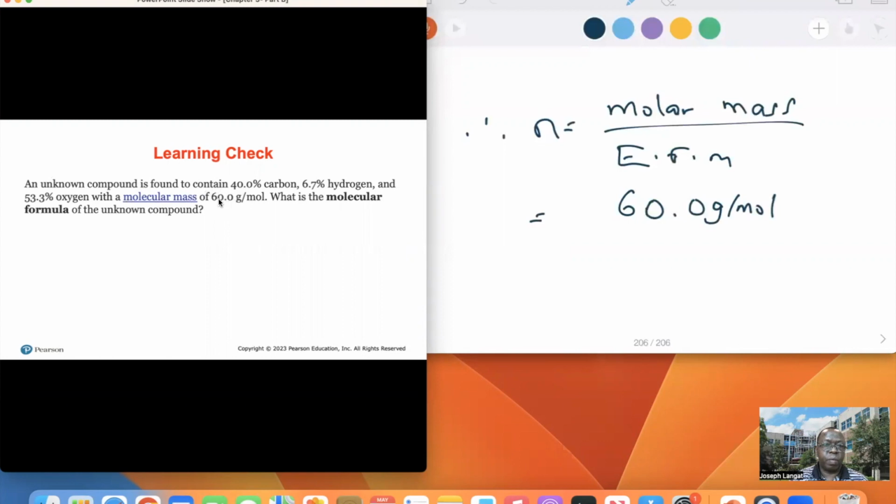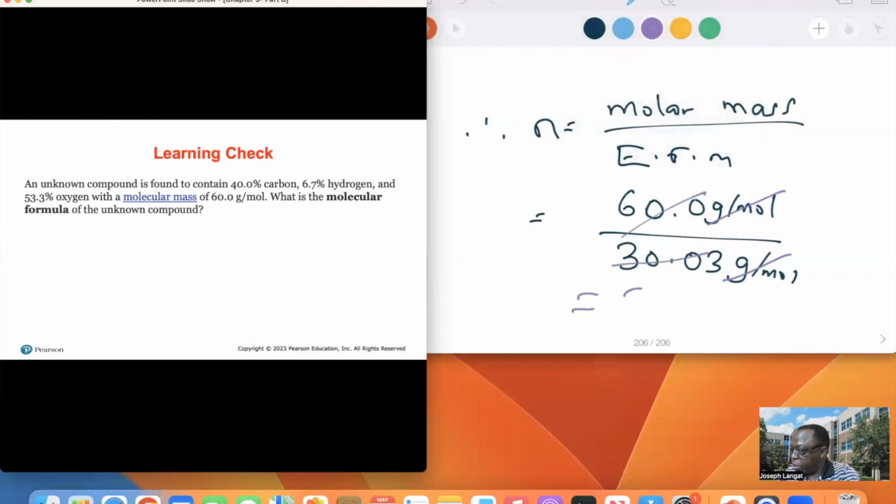This is why we are given the molar mass. Divided by 30.03 grams per mole, so that this will cancel out. And this will be 2.